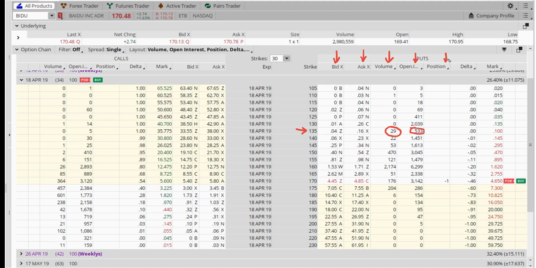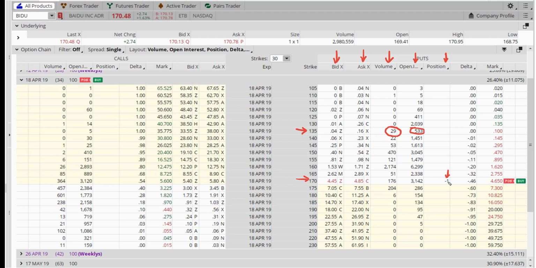The next column shows your position. If you already have a position in this ticker, it will show up against the strike price where you're holding a position. For example, I have one contract. I sold one put contract of Baidu at 170.